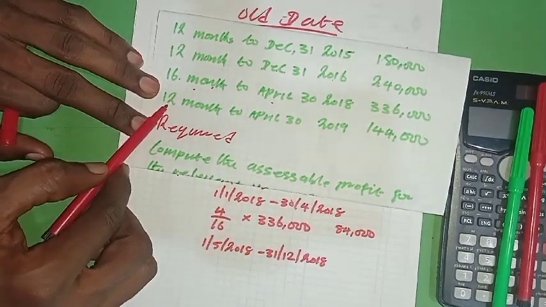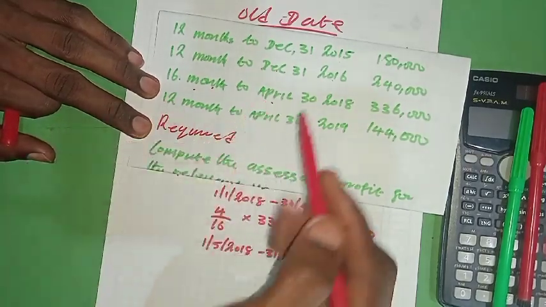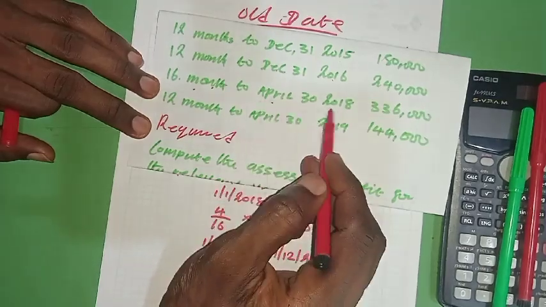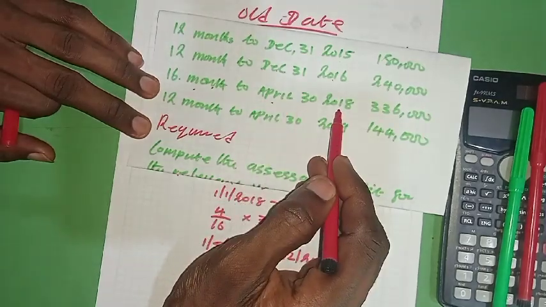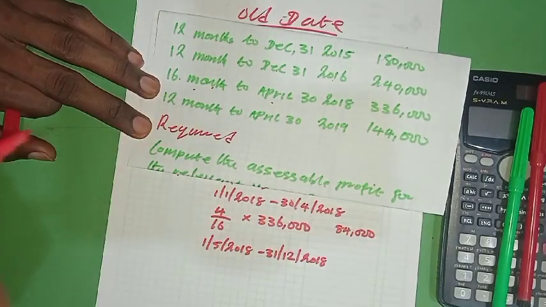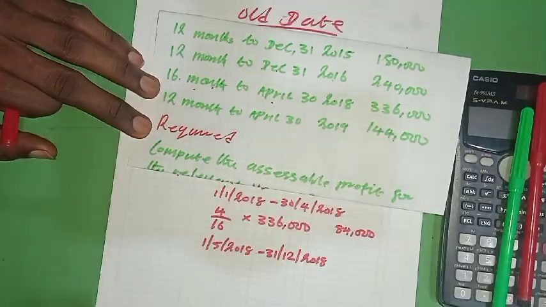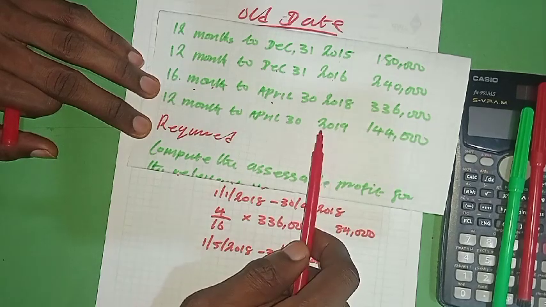Now this is 12 months from here. Now this month ends here, April 218. That is to say, here is starting from May 1st 218 to 31st December 218, and continue from 1st January 219 to 30th April 219.